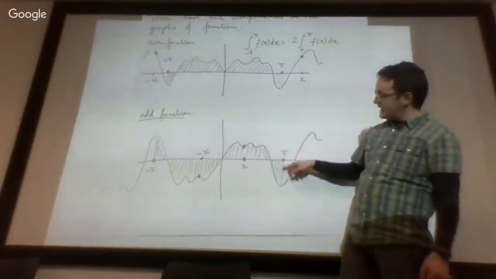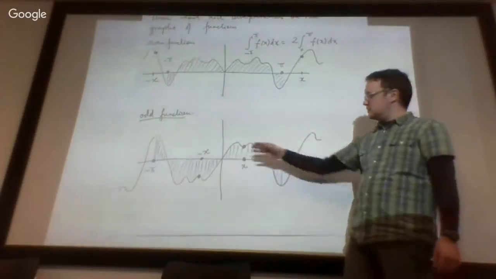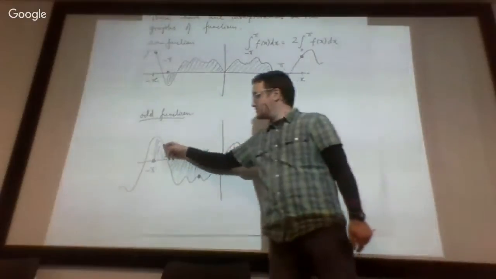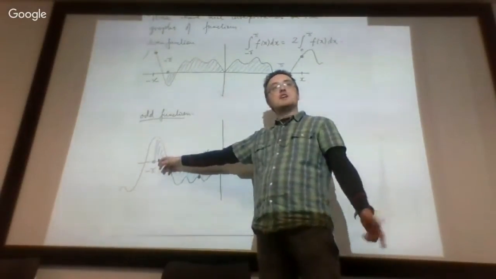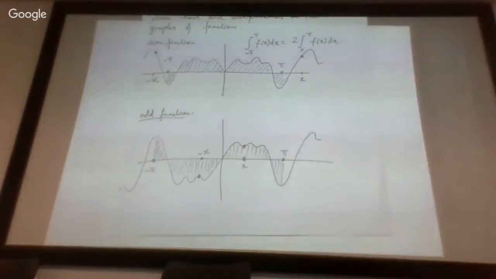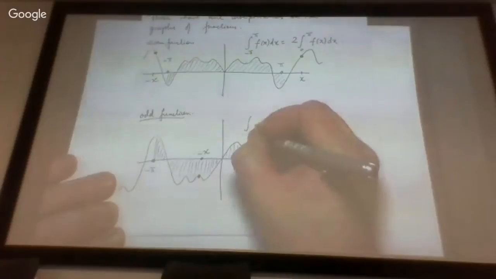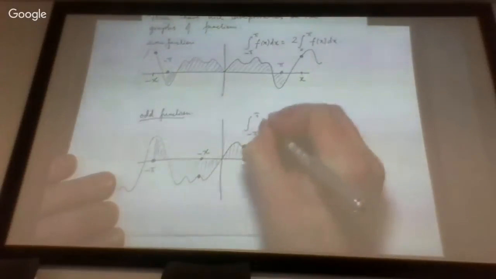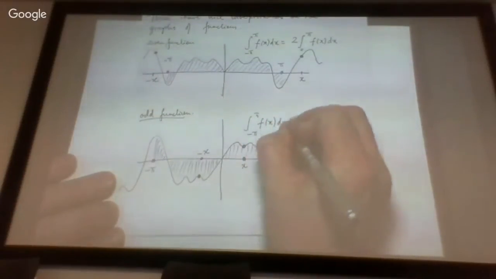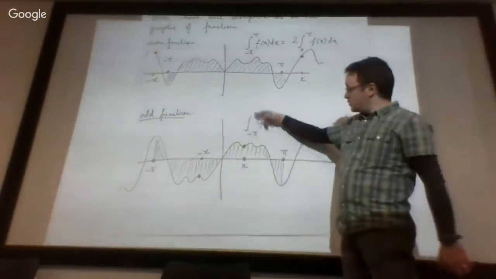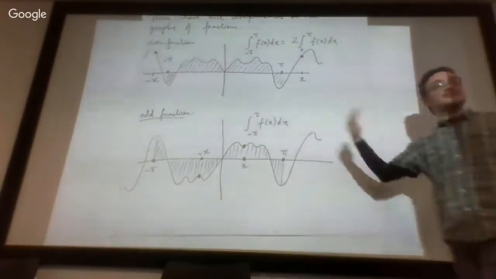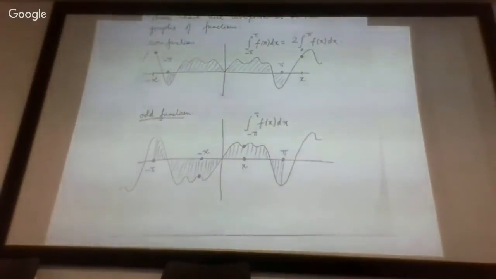Similarly, this negative piece of area here, when you integrate over the positive half, has its sibling over here, which has the opposite sign, which is positive. So those two parts cancel each other out. So when you take an odd function and you integrate it from minus pi to pi, and of course there's nothing special about pi here, we're just integrating across an interval centered at the origin, that's the key point.